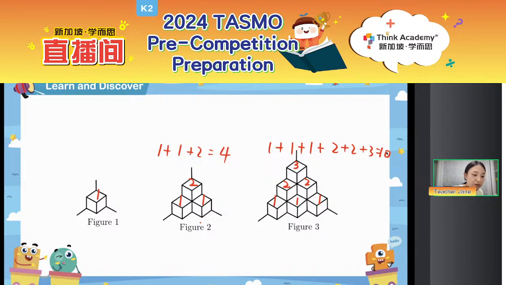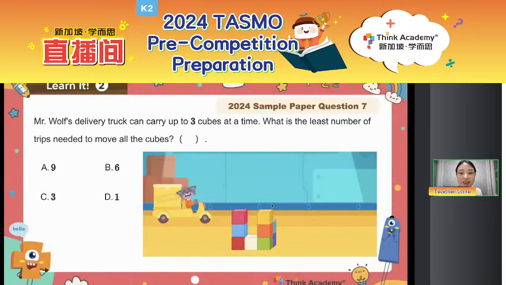Yes, perfect, everyone. So this time we can see if we start from the shorter ones to the longer ones, this time we won't mess up, right? So we just count column by column and then add them up. Okay, good job. So this time, let's see. This is a question from 2024 sample paper question 7.